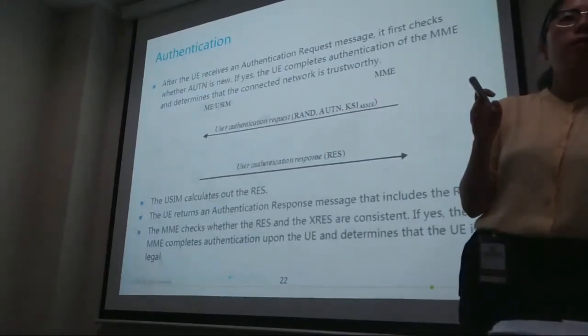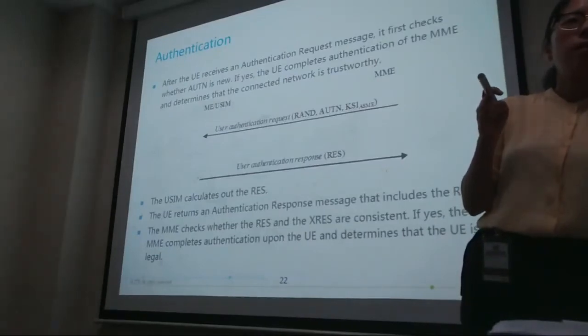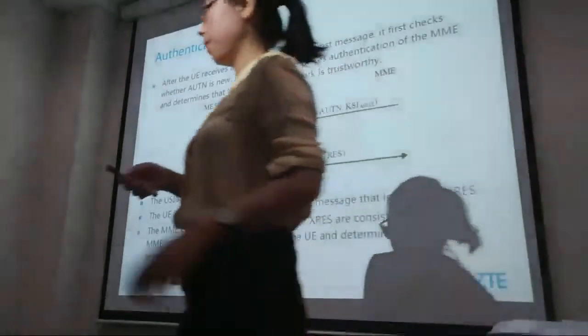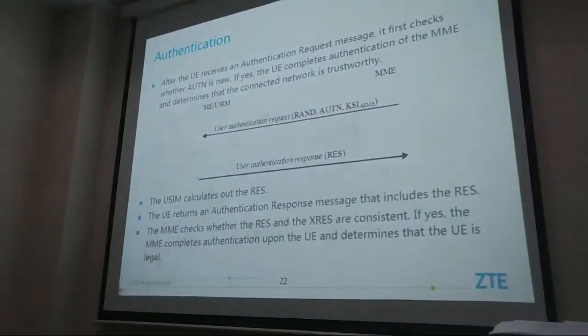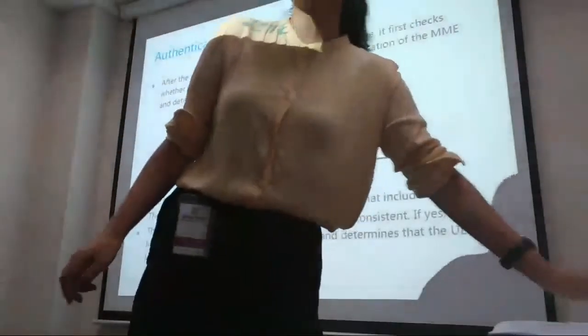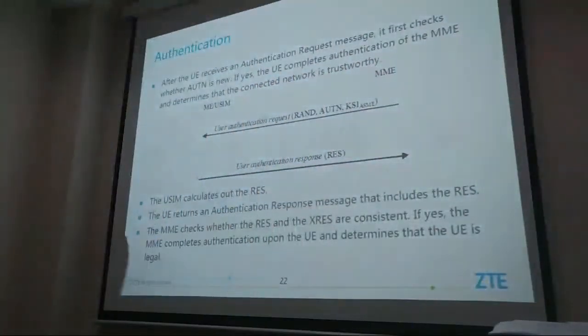From the flow, if we compare with the signaling trace, is there information in the signaling trace regarding this request? All these signalings between the UE and MME are NAS layer signaling.